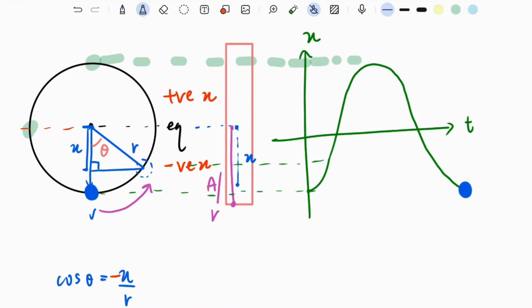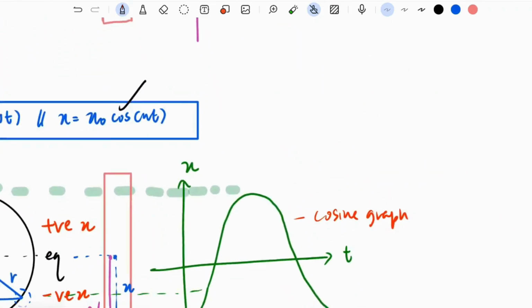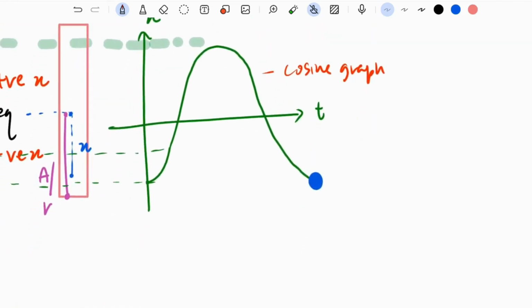So this is actually an upside down cosine graph, which is a negative cosine graph, because the positive cosine graph looks like this. If you negate it, it's going to look like this.